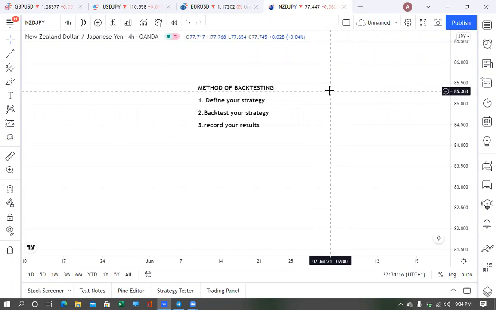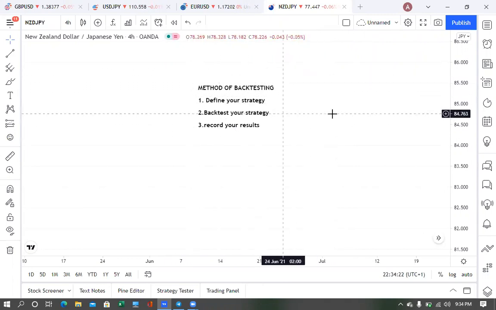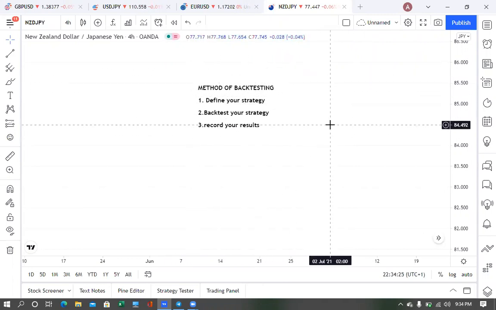We are going to talk about backtesting your strategy in order to see how it works for you.